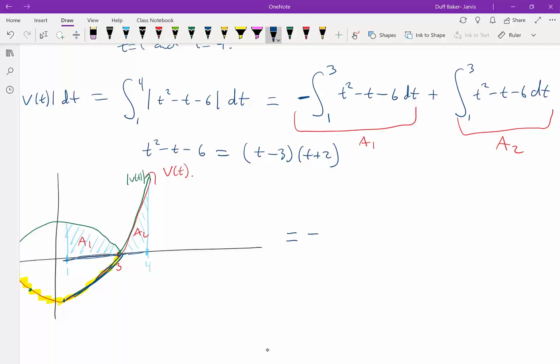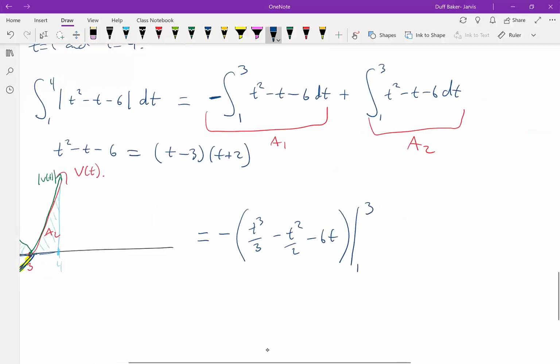So this would be minus t cubed over 3 minus t squared over 2 minus 6t from 1 to 3, plus, and then we do the second integral, the same thing. You get t cubed over 3.